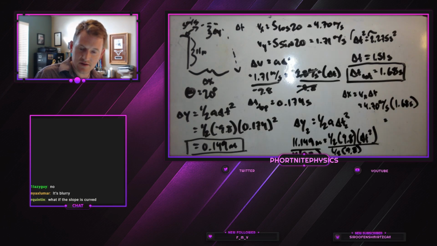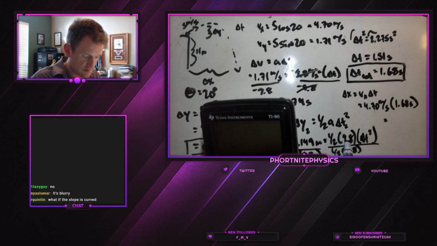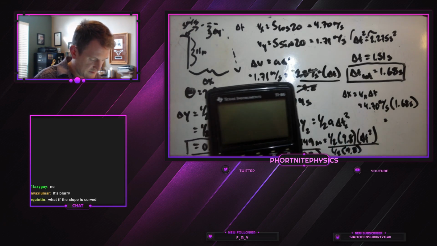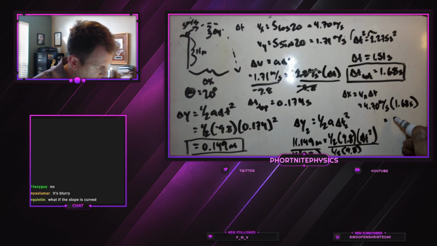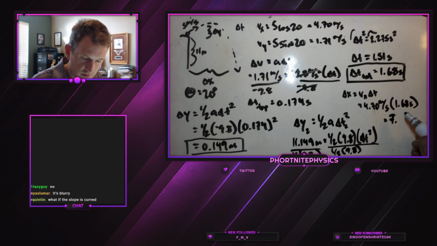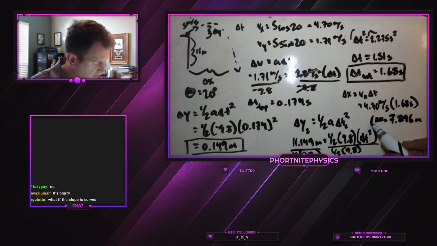That gives us 4.7 times 1.68, or 7.896 meters from the base of the ledge.